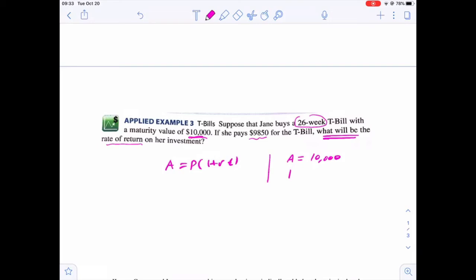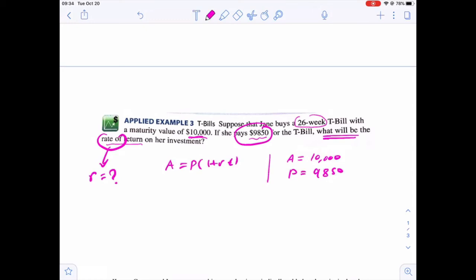And we have P, the principal amount, which was 9,850. And we want to find the rate. The rate is R, the interest rate.